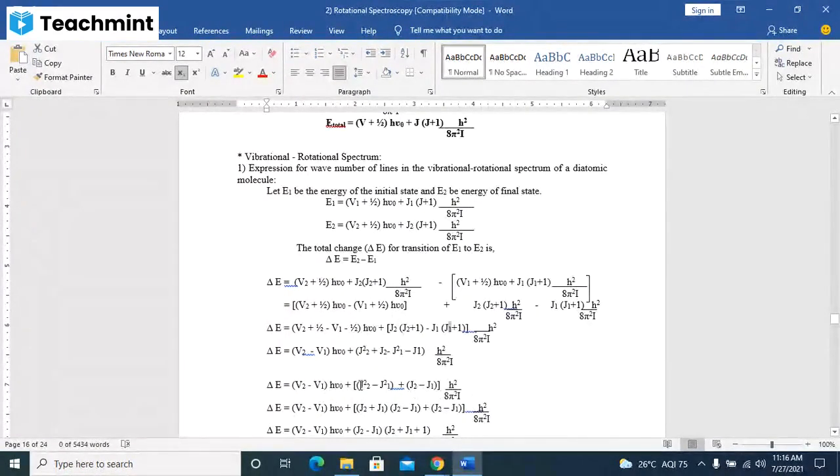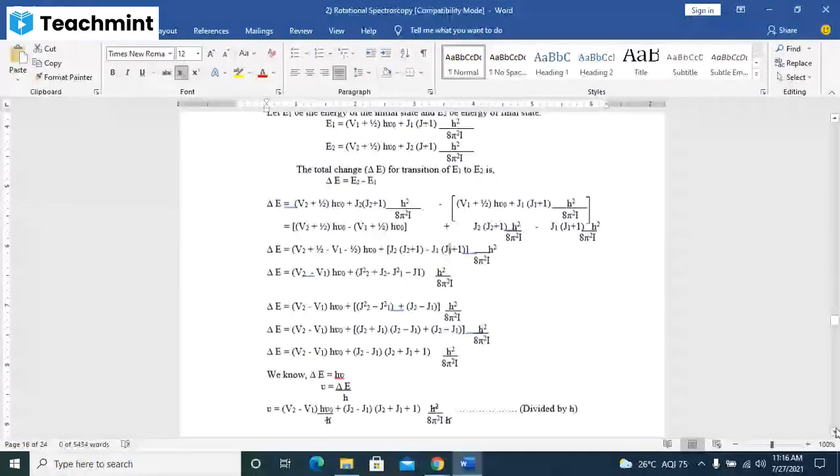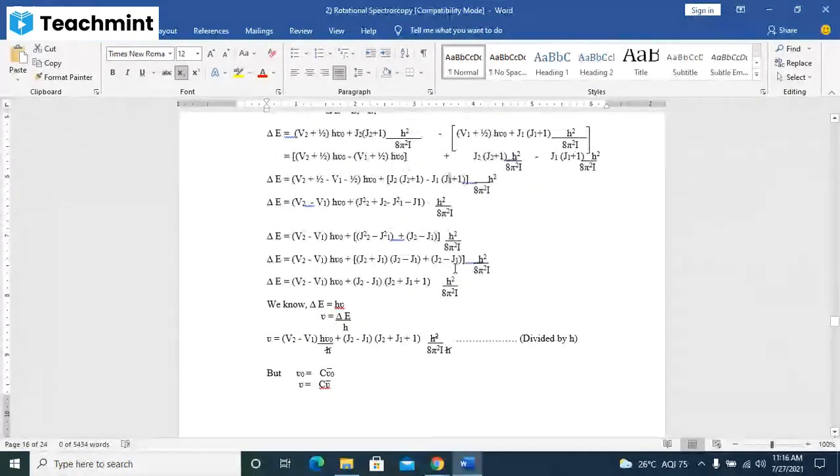After that, you can see, जब square रहता था हम कैसे लिखते हैं? J2 plus J1 in another bracket J2 minus J1 plus J2 minus J1. One of the brackets will get cancelled. See here. Then delta E is equal to V2 minus V1 h nu 0, in one of the brackets J2 plus J1, in another bracket J2 minus J1 plus J2 minus J1.